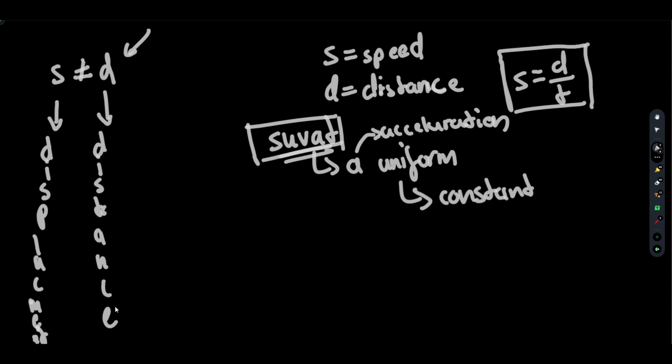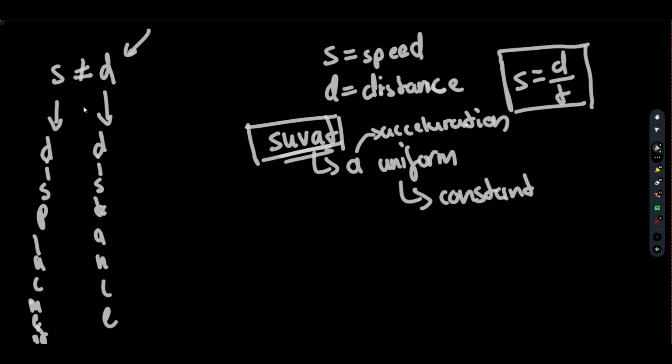Remember, in this equation from primary school, whatever you guys want to call it, S would stand for speed, but here S stands for displacement. S and D are not the same. So displacement and distance are not the same.